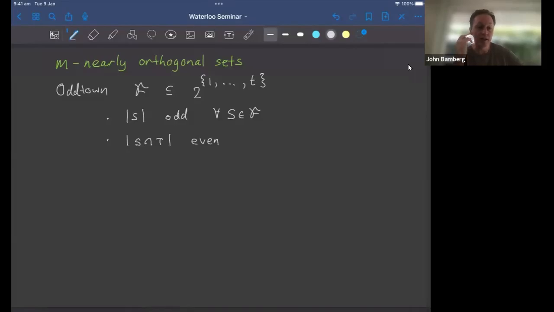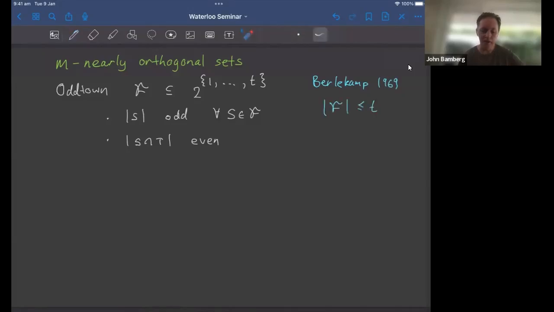This is an old problem, another one of Paul Erdős, and it was answered by Berlekamp in 1969. Most of you will probably know this because it's a nice application of linear algebra, and you see that the size of F is at most t.